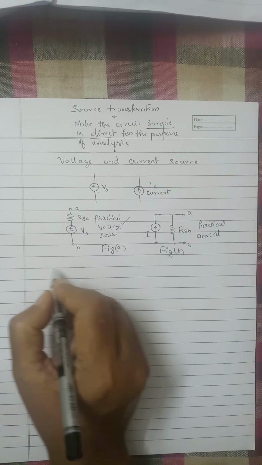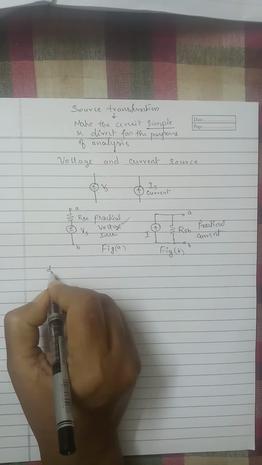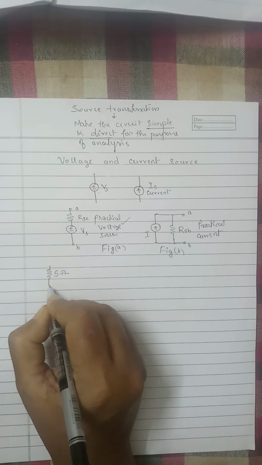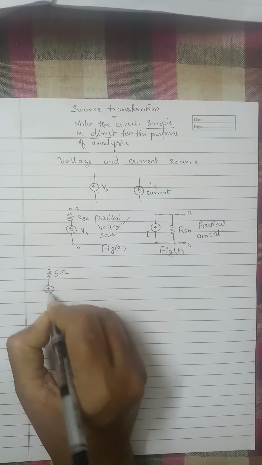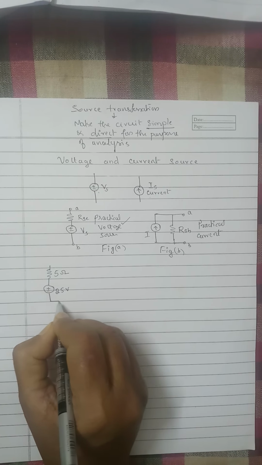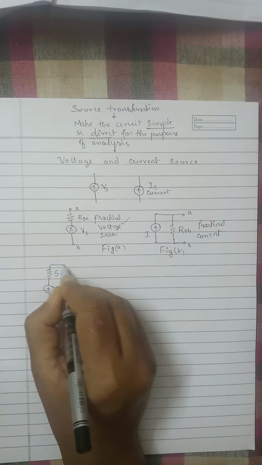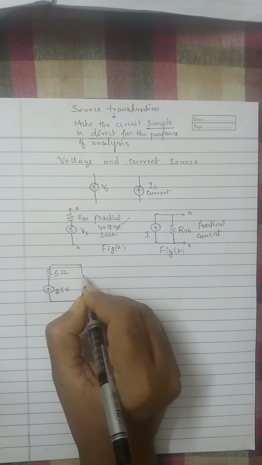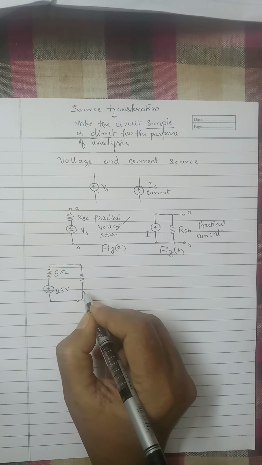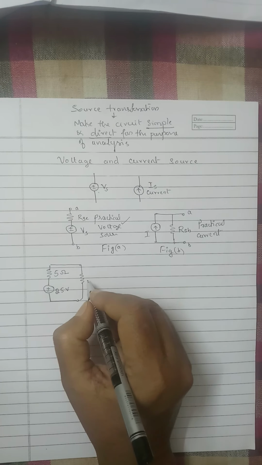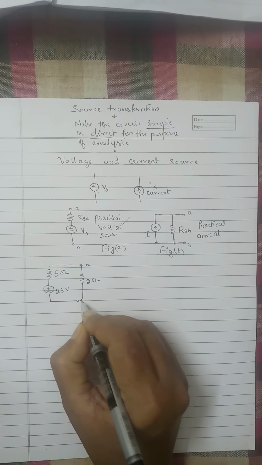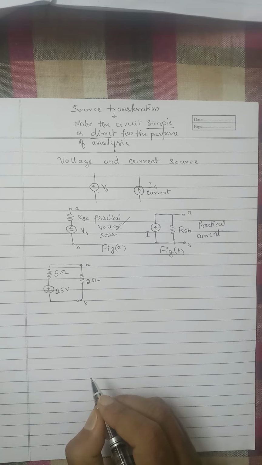Consider a practical voltage source, as shown in the figure, having a series resistance of 5 ohm and a source voltage of, say, 25 volt. This is connected across a load of, say, 2 ohm. The load is connected across AB.